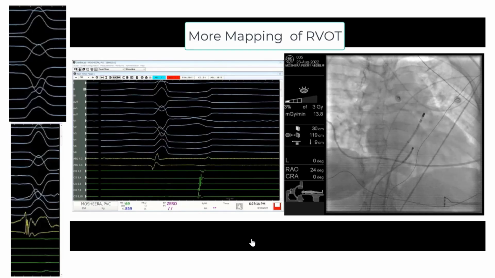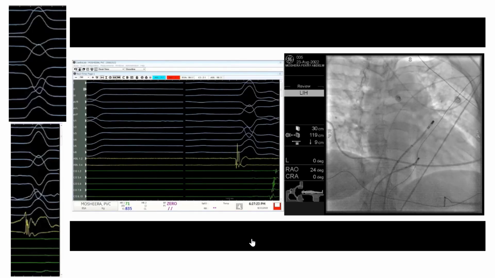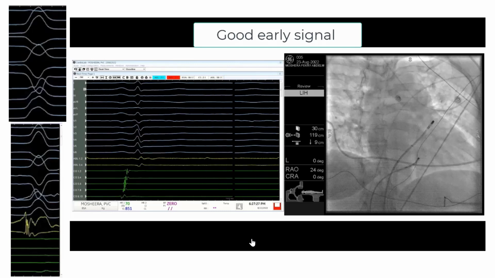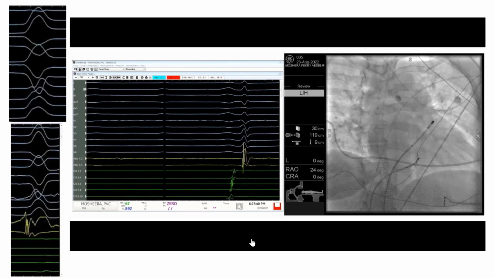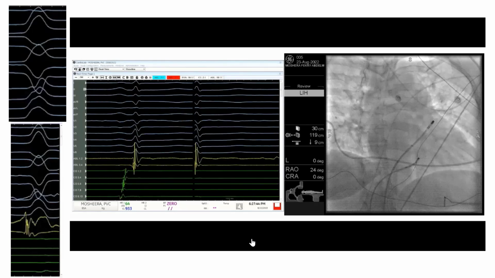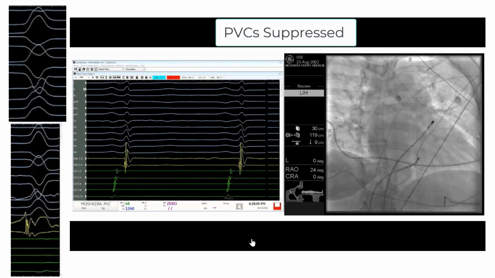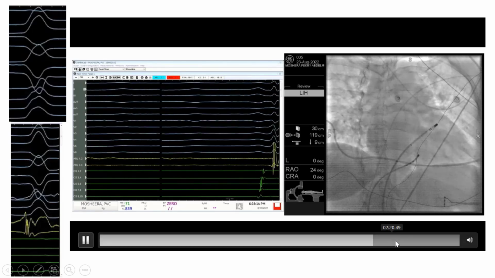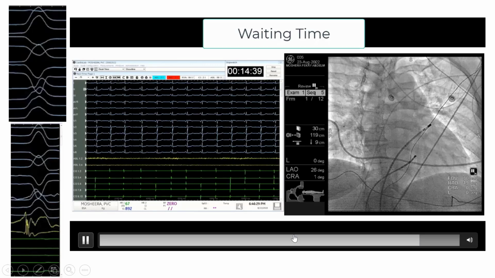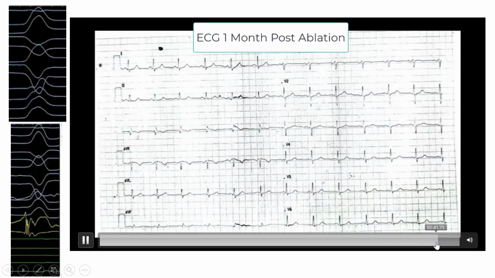We have a very nice signal, so we start ablation here with suppression of PVCs. Waiting time of around 45 minutes shows no PVC, and this is the ECG 1 month post ablation.